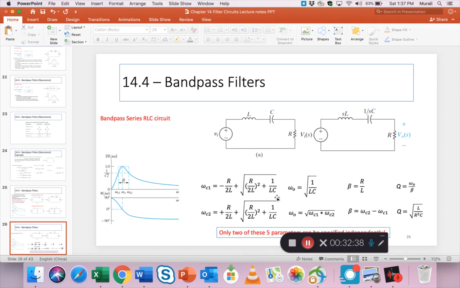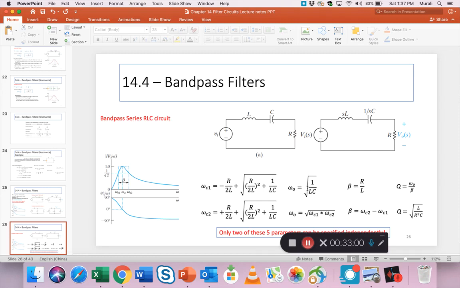I guess the first and foremost is you need to know omega 0, the center frequency, and that's simply the root of 1 by LC. The R doesn't appear here, it's just the root of 1 over LC. Omega 0 can also be thought of as the mean of the two corner frequencies.